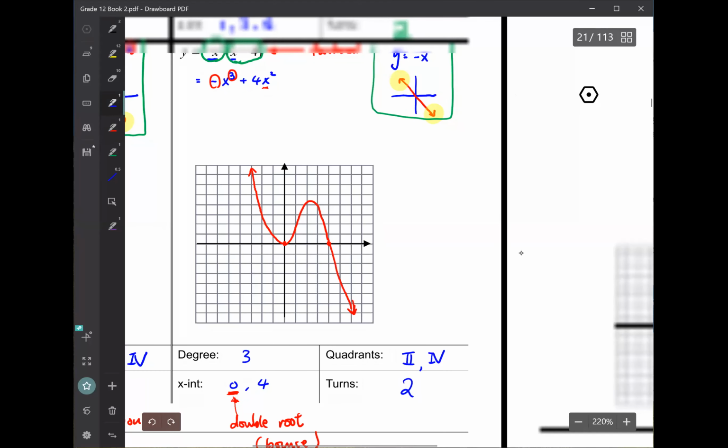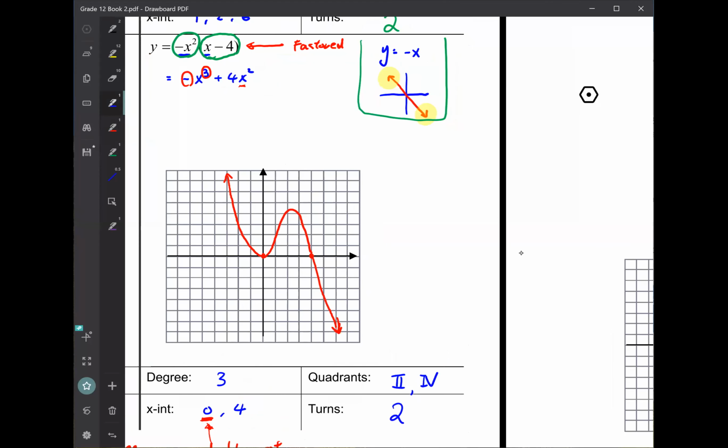Instead of a square, let's say I have x to the cube, and I still want to keep it as odd negative, so let's say x minus 4 squared. Suppose after you factor, you get something like this. So what's the degree for this one now? Ray? 5. Yeah, this one has a degree 5.